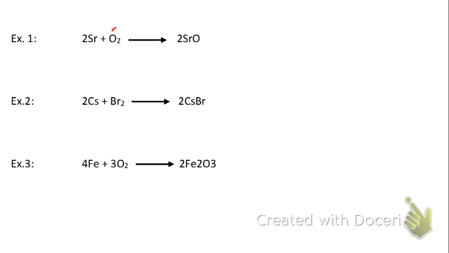Oxygen is in its pure form, so it must have a 0 oxidation number. Strontium is in its elemental form, so it also has a 0 oxidation number. Now let's look at the product. Oxygen would be a -2 oxidation number, and strontium would be a +2 oxidation number. So there's been a change in oxidation numbers.